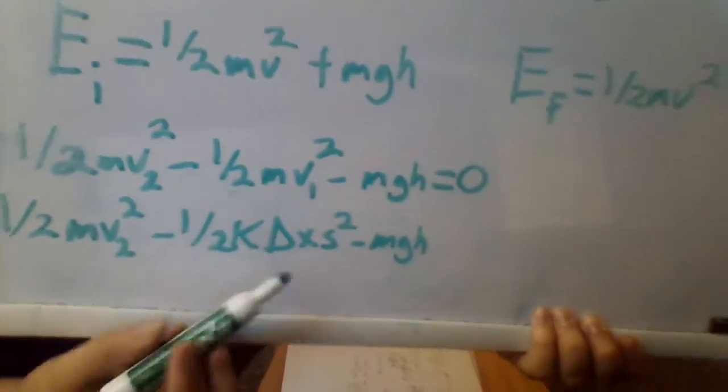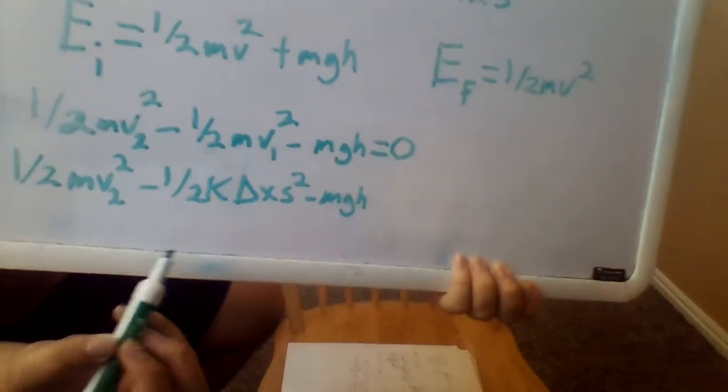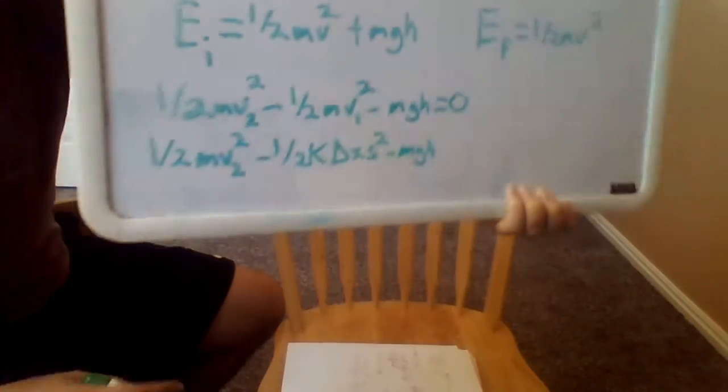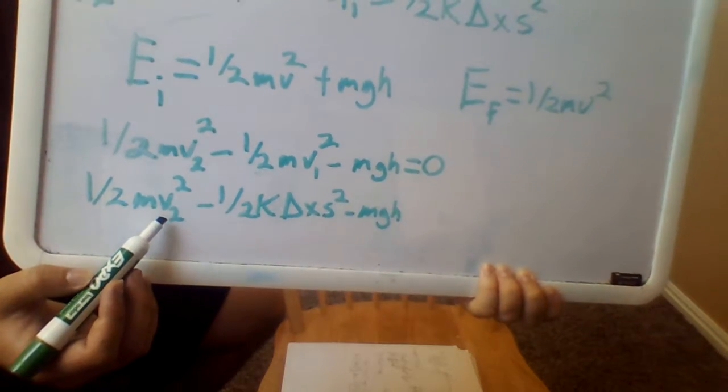So we substituted 1/2 k delta x squared into this equation, and now we just need to solve for the velocity v2, because that's our final velocity. And this is just some algebra.